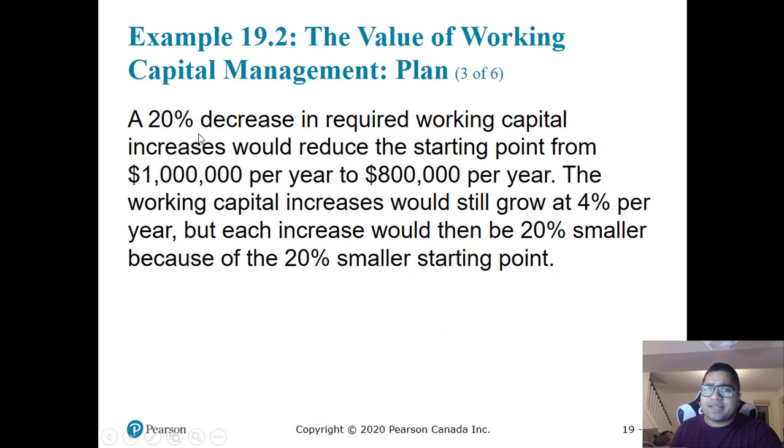So if it is managing its working capital effectively, instead of spending $1 million on working capital, it can spend only $800,000. So it is freeing up $200,000 worth of cash. The working capital increase would still grow at 4%, but the increase would be 20% smaller.